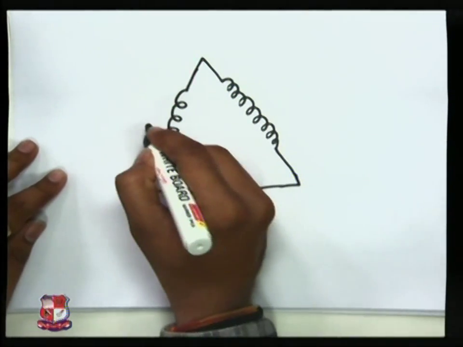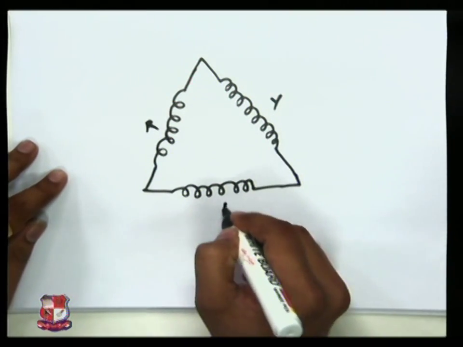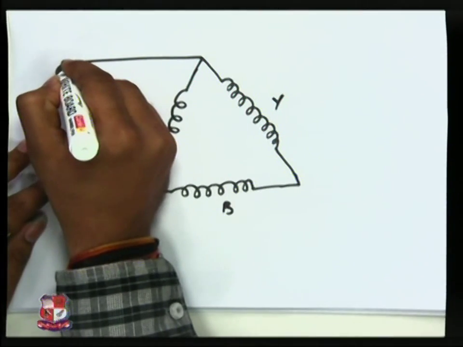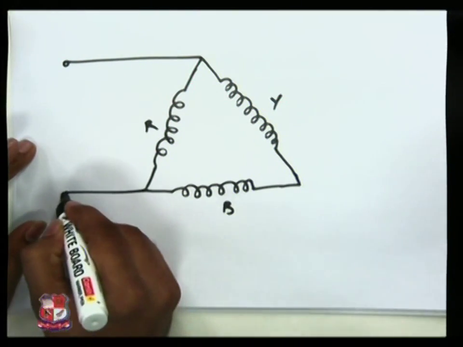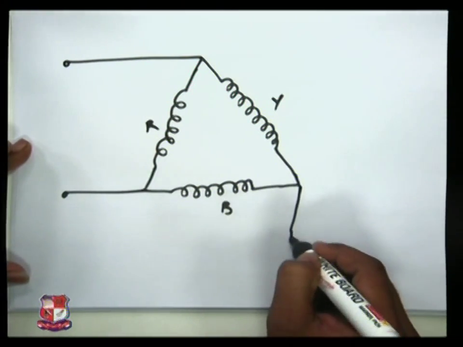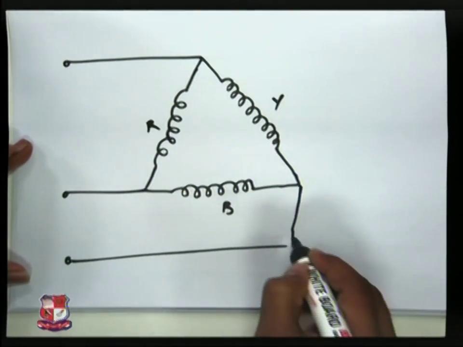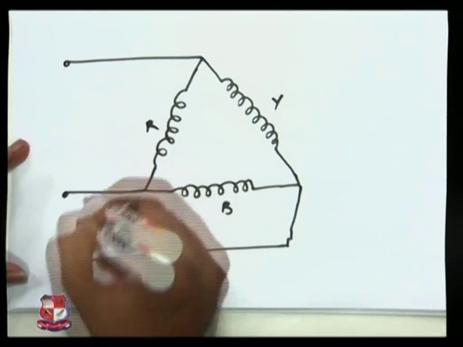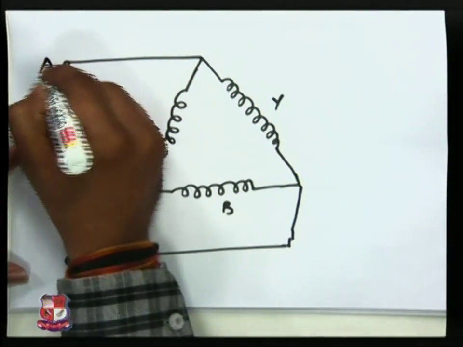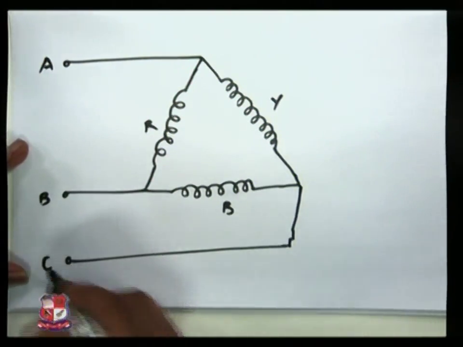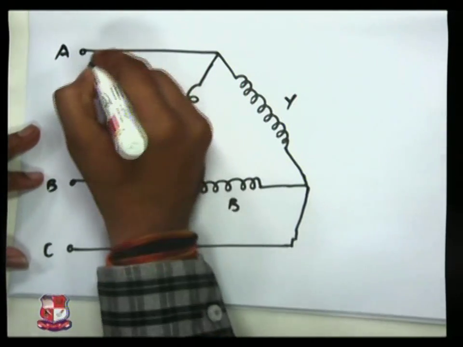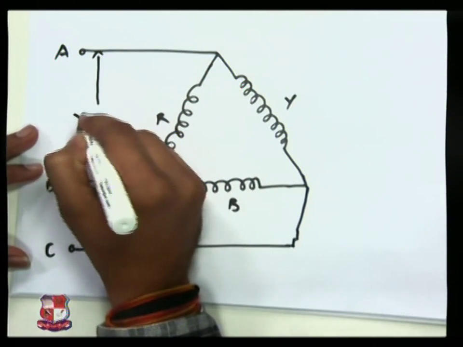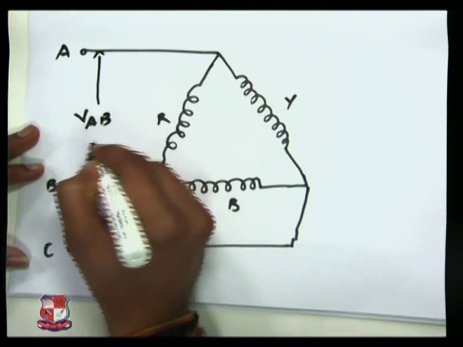That is three phases like R, Y, B or A, B, C, etc. You can give any name. These are the connecting lines. So these are three lines, line 1, line 2 and line 3. We can say that they are, suppose, A, B and C. So the voltage between these two lines, A and B, is known as VAB.